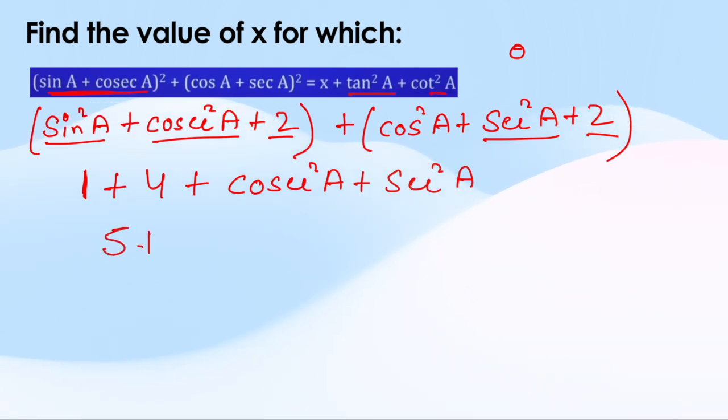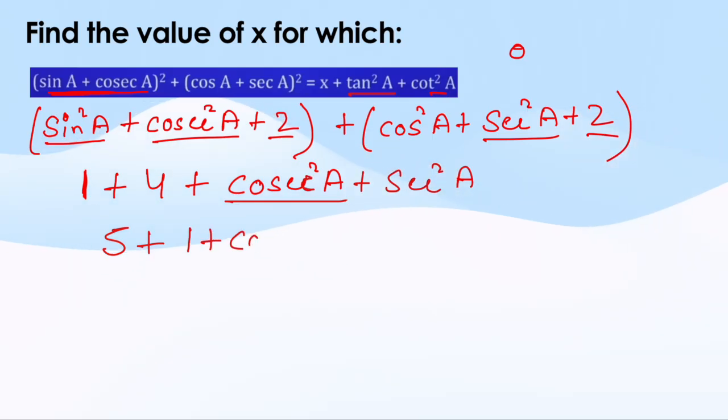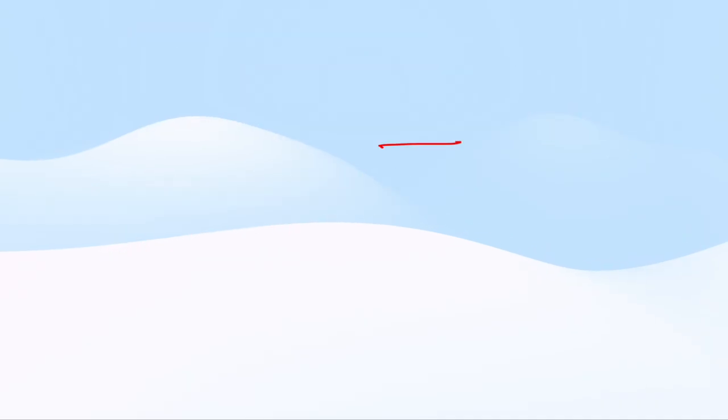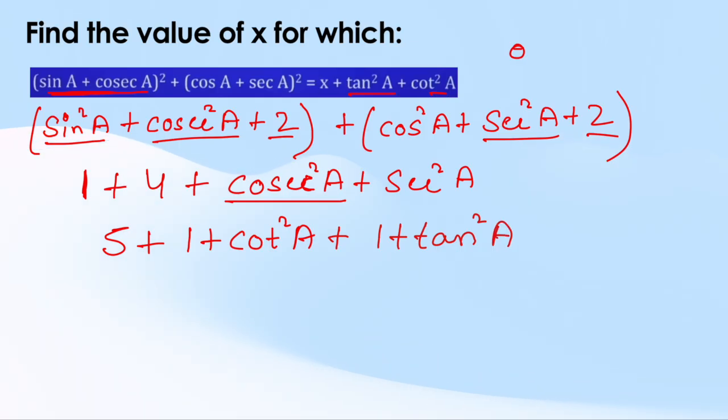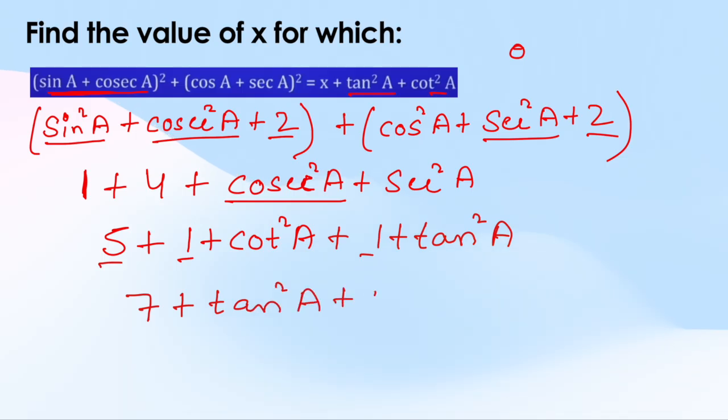So it will be 5 plus cosec square a, which can be written as 1 plus cot square a, and sec square a can be written as 1 plus tan square a. So 5, 1, 6 and 7. So 7 plus tan square a plus cot square a. This will be my answer.